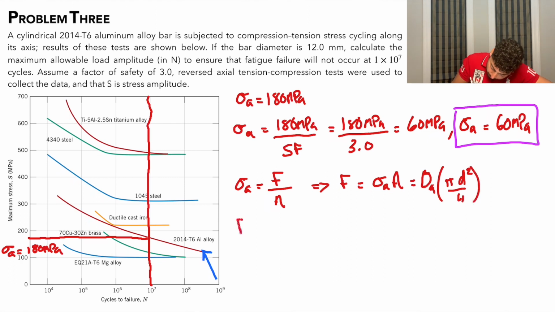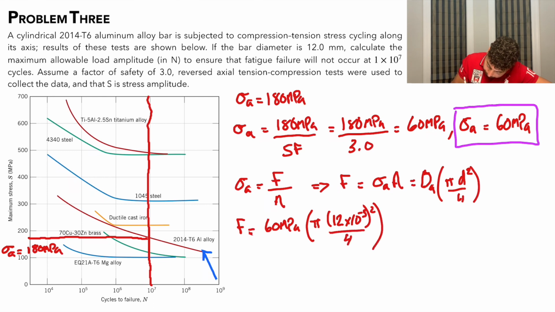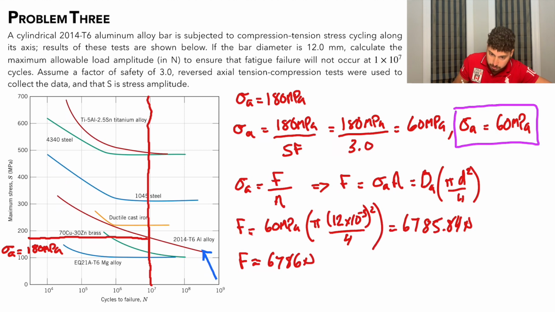So we can say our force is equal to 60 megapascals times pi, and our diameter was given as 12 millimeters, so times 10 to the minus 3 squared over 4, and that's going to yield a force value of 6785.84 newtons, or we can say our force is approximately equal to 6,786 newtons.